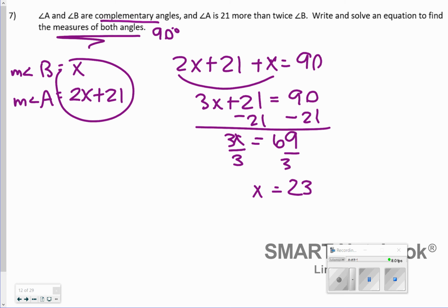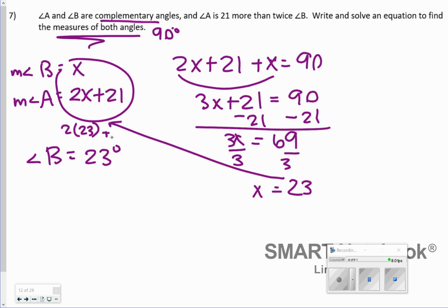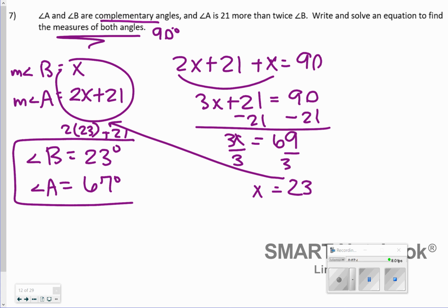Well, I know angle B is x, so the angle B is equal to 23 degrees. But to find angle A, I actually have to plug this in. So 2 times 23, which is 46, and then plus 21 is going to give me 67. So the measure of angle A is 67 degrees. So this should be your final answer, 23 and 67.